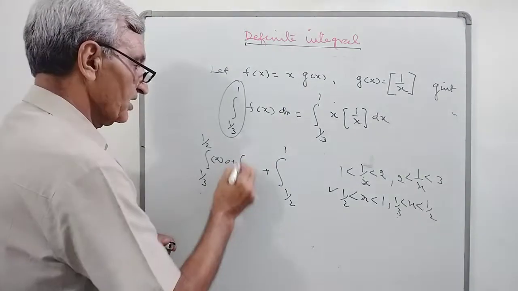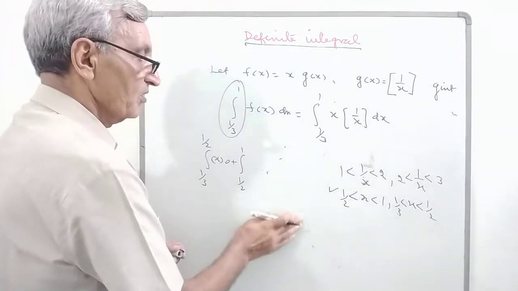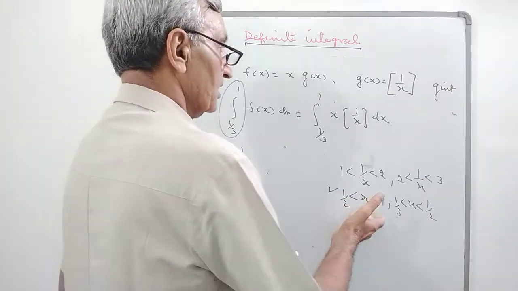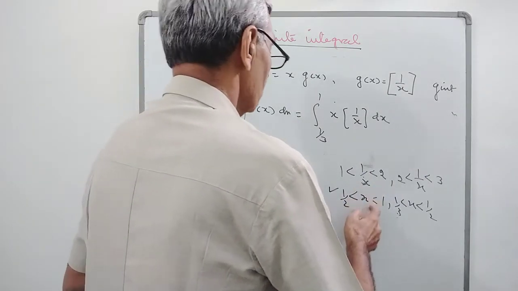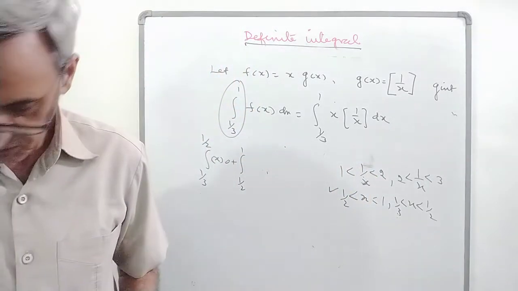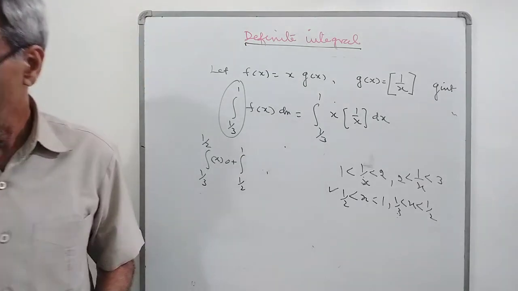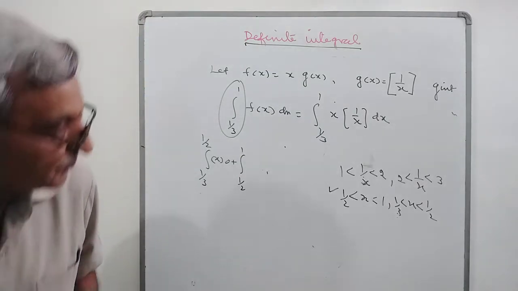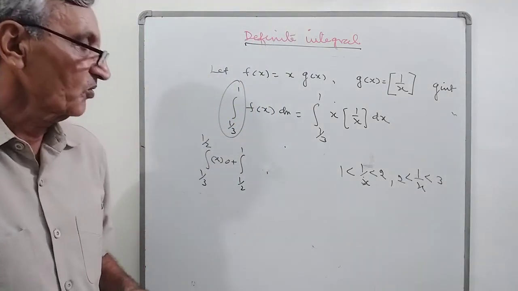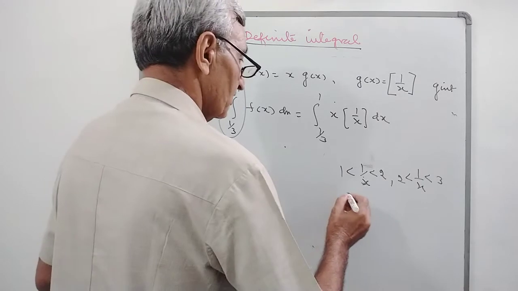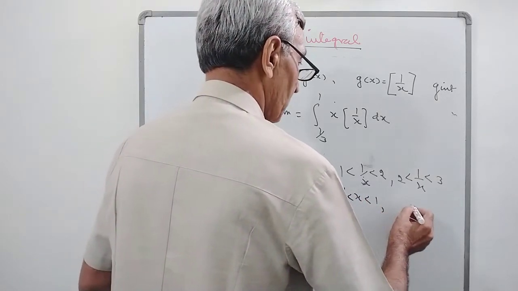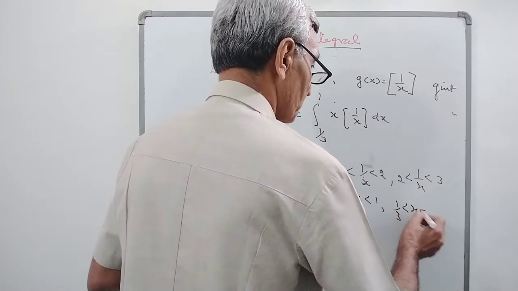1 by 2 से लेके 1, and here gent function of 1 over x. Sorry, I made a mistake. Here 1 over x we are considering: when x is 1 by 2 to 1, and x is 1 by 3 to 1 by 2.